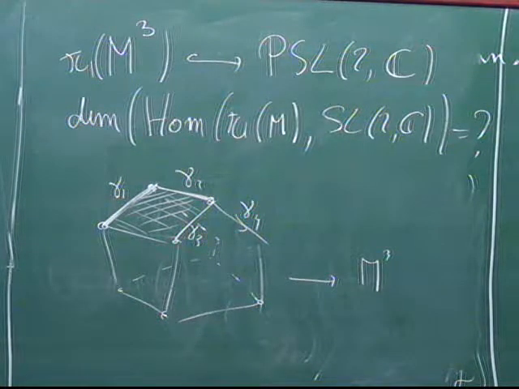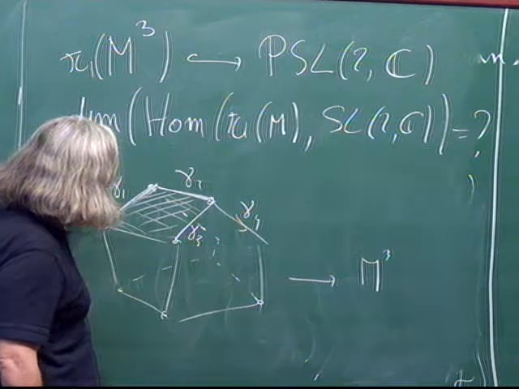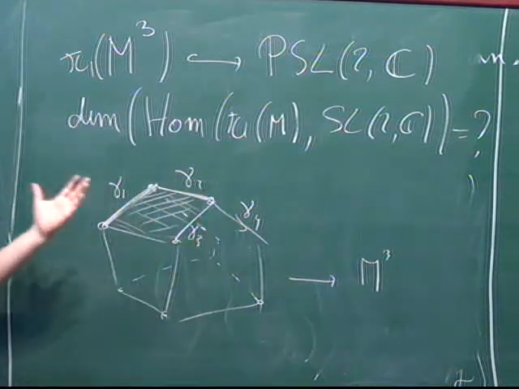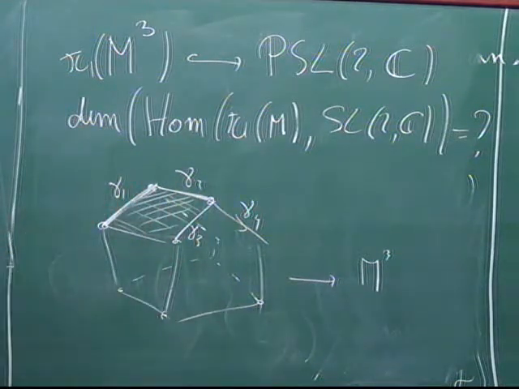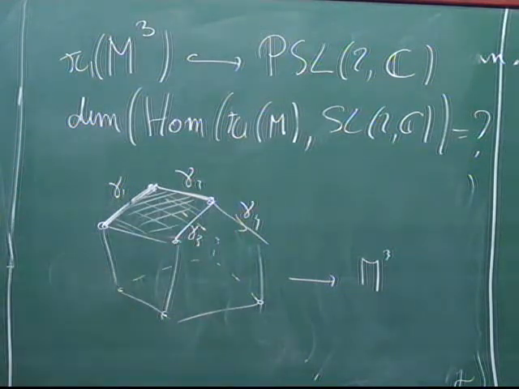So you have a group generated by a number of elements, equal to the number of edges, and the relations being the number of two-dimensional faces.